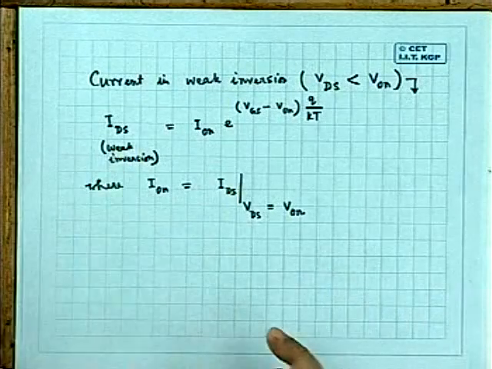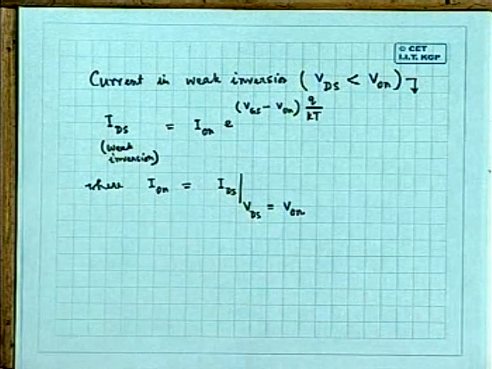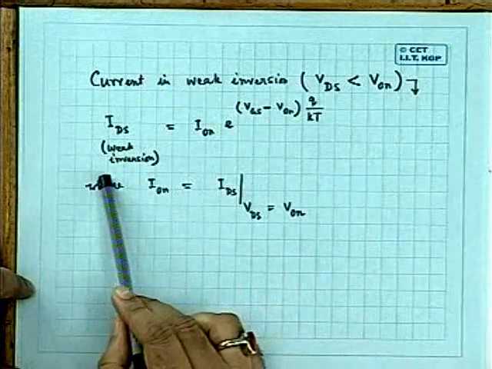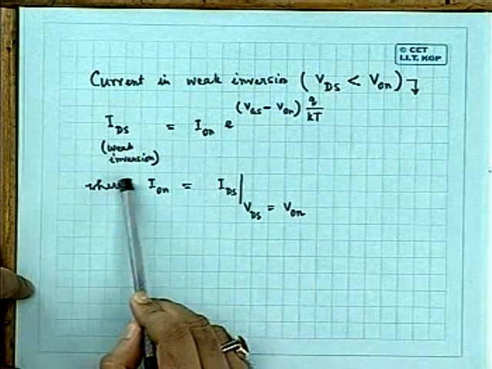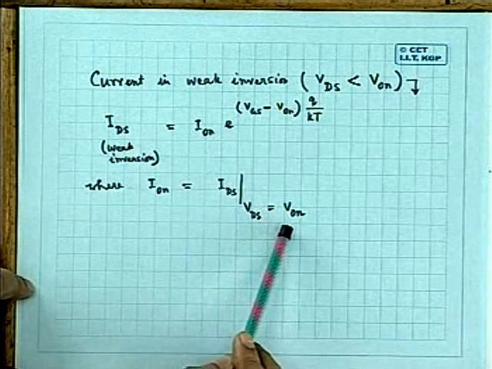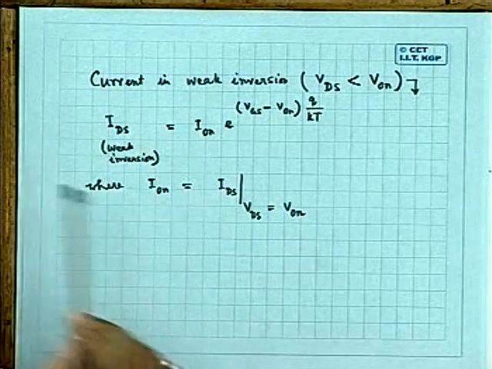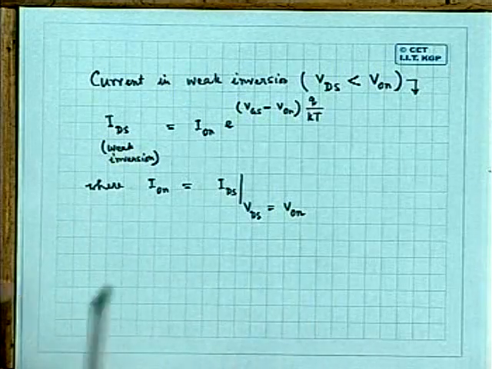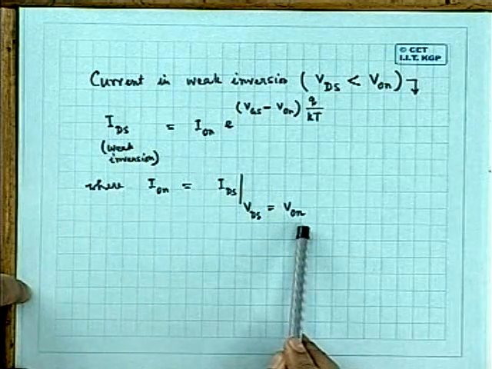so the weak inversion regime now. In fact, level 2 can compute the current in the weak inversion condition also, and it is modeled like this, where IDS in weak inversion is ION. ION is nothing but IDS for VGS equal to VON. Same IDS expression, whatever you have derived, you use it, but put VON for VGS.